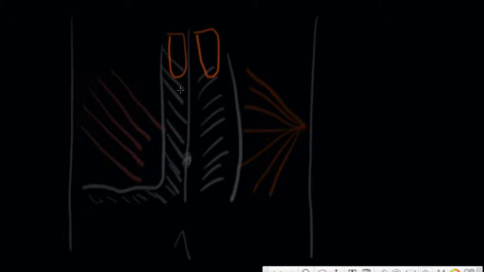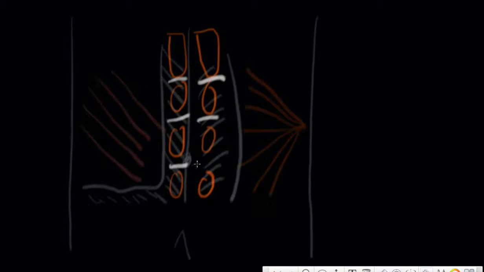The rectus abdominis is going to go through like this, and it also is going to be crossed by tendinous intersections. The tendinous intersections go right here, and those are what cause that look for the six-pack.